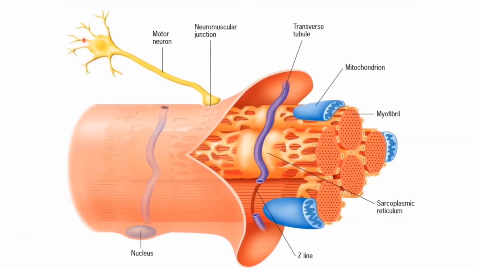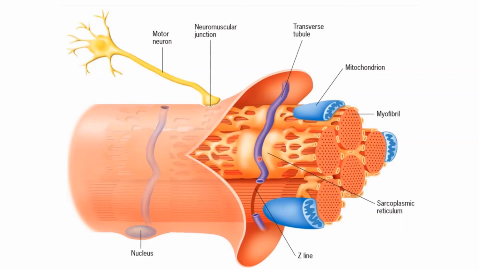So when a nerve signal reaches a muscle cell or a muscle fiber, it will actually travel through the plasma membrane and through this transverse tubule of the muscle cell.